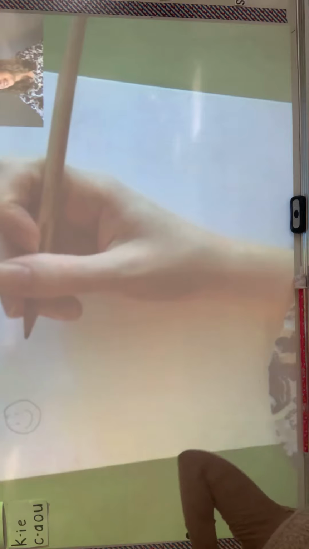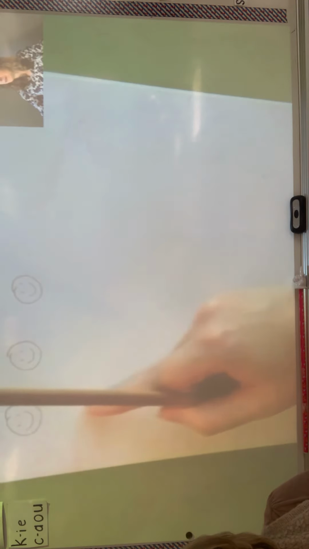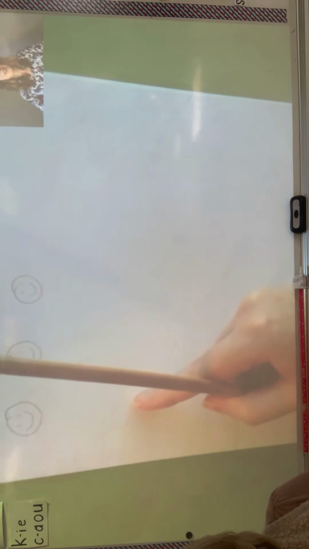One student. Two students. Three students. We drew our students in a line. Now let's draw the ice cream cones. Underneath the first student, let's draw our first ice cream cone.